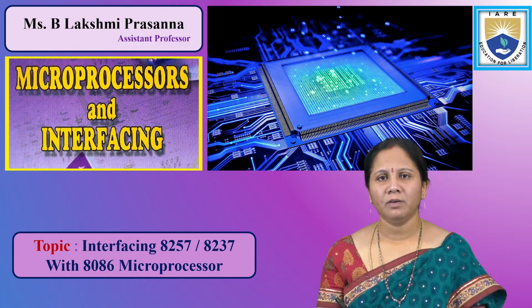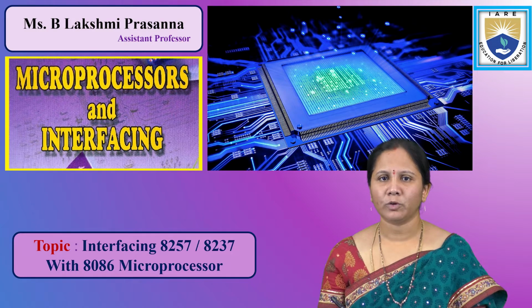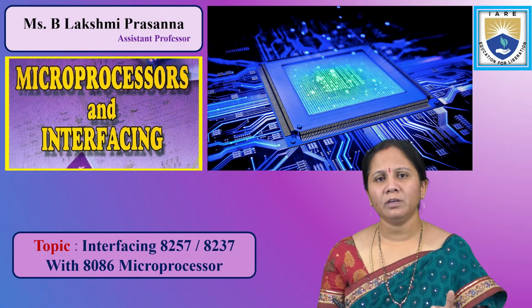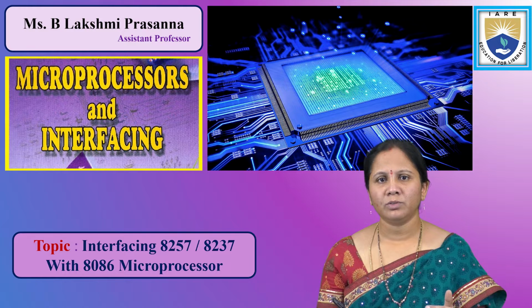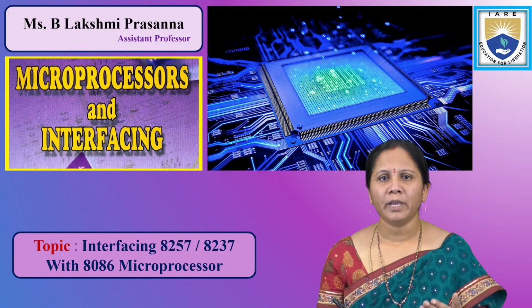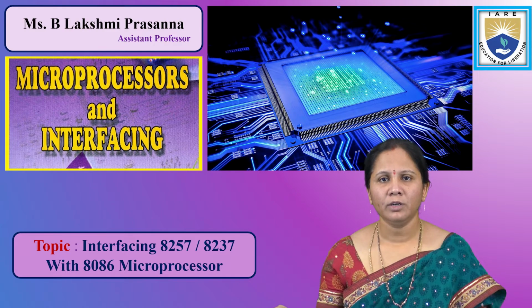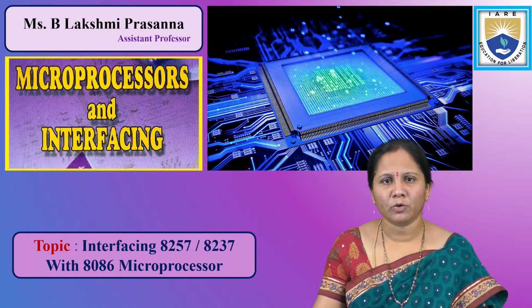In this session, we will discuss how to interface DMA controller with 8086 microprocessor. Here, we have learned about two types of DMA controllers, that is 8237 DMA controller and also 8257 DMA controller. We should now learn how to interface this DMA controller to 8086 microprocessor.